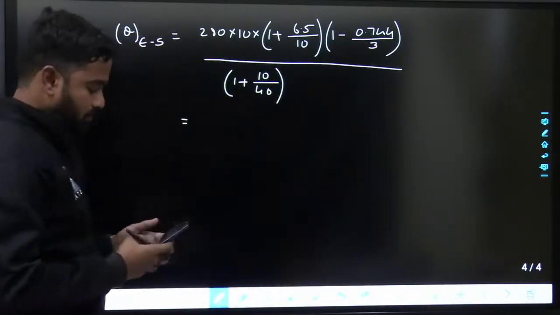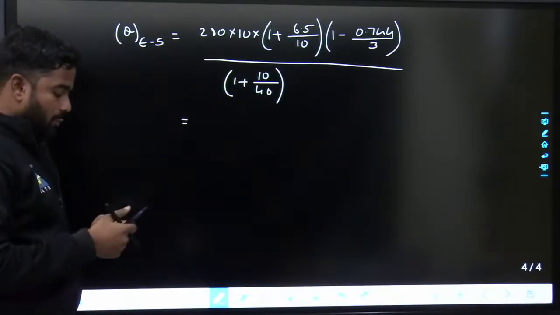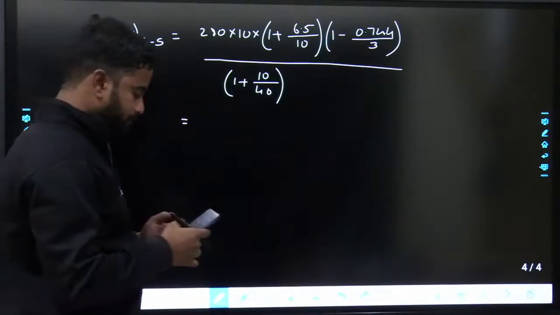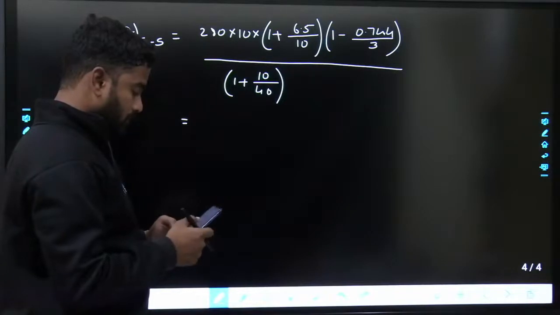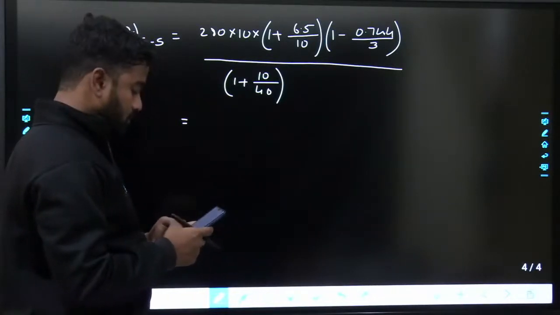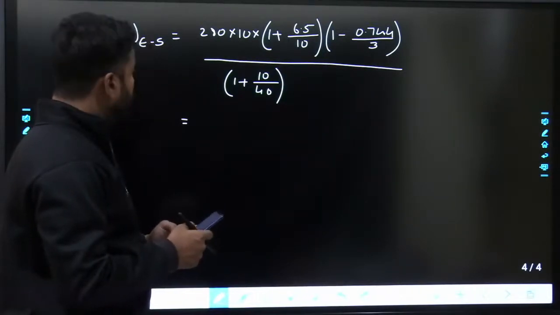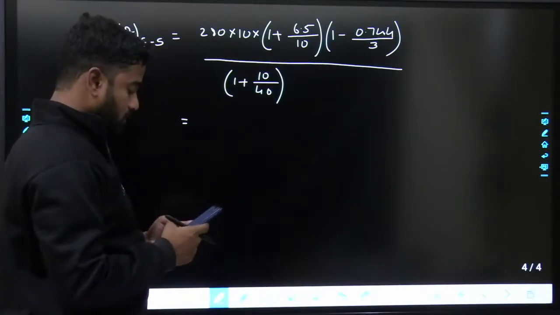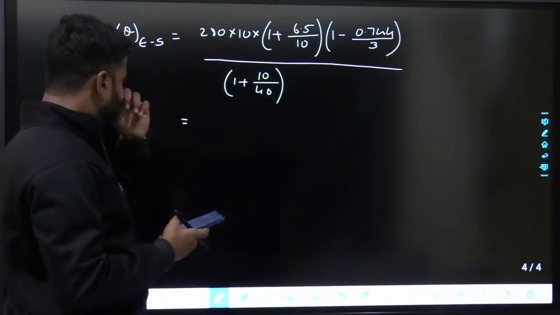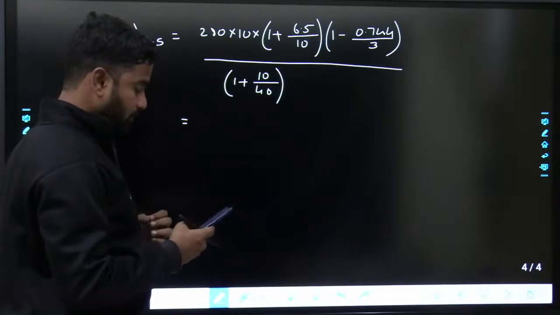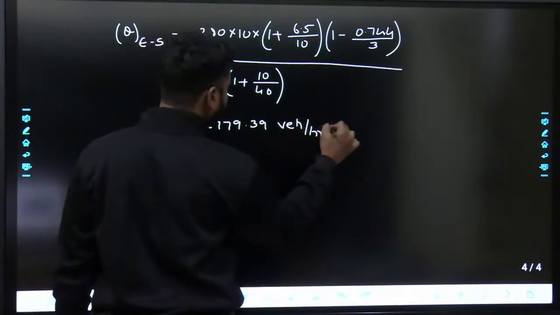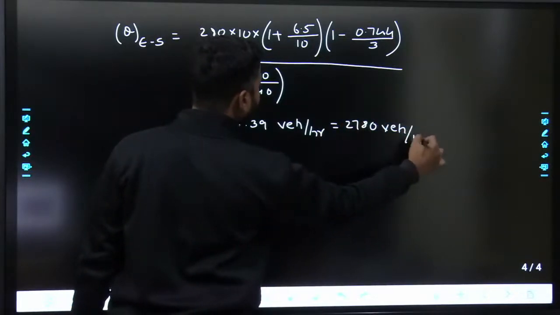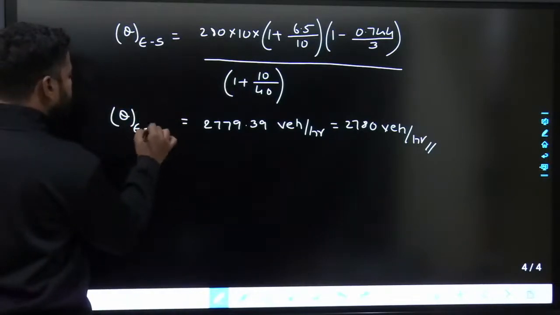What is this value? 1 minus 0.744 divided by 3, multiplied with 1.65 multiplied with 10 multiplied with 280, divided by 1.25. So you are getting somewhere around 2779.39 vehicles per hour. Indirectly 2780 vehicles per hour. This is the value you are getting, Q for the east south leg.